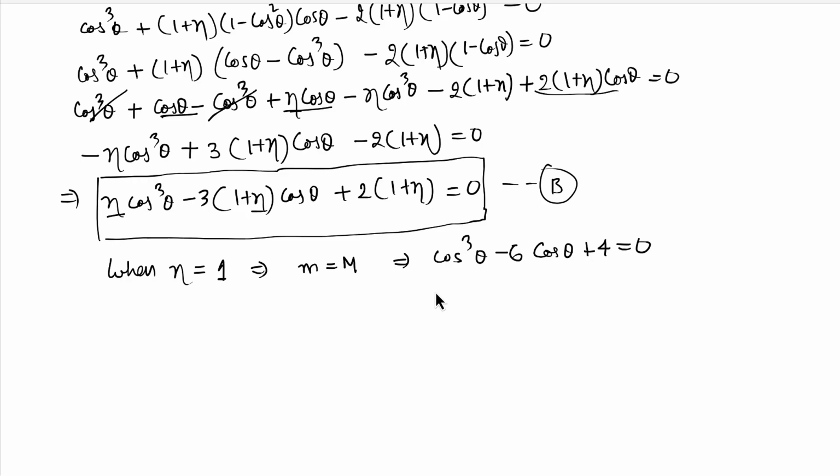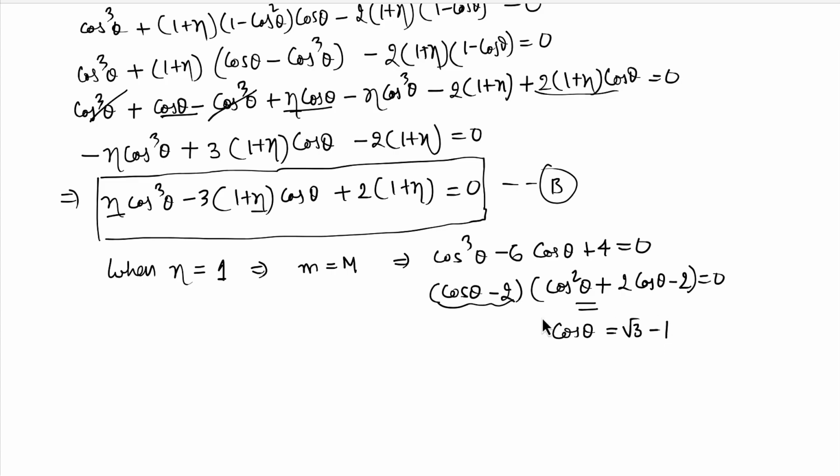And this is simple because we can rewrite this as (cos theta minus 2)(cos square theta plus 2 cos theta minus 2) equal to 0. This cannot be 0, so which means this is 0. And if you solve this, this will give you cos theta is root 3 minus 1.